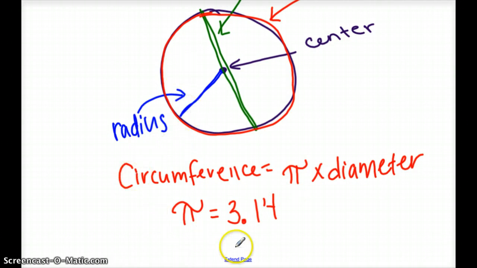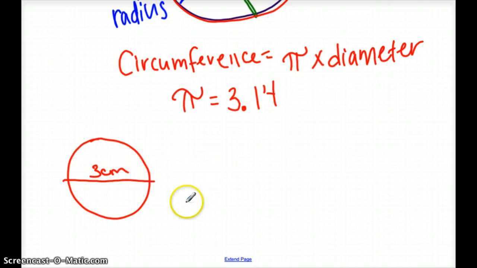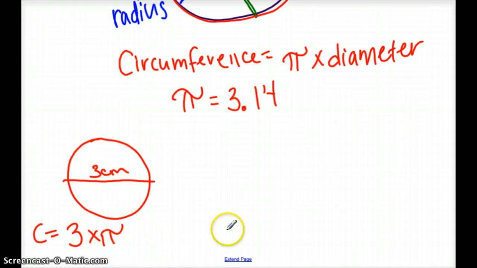So if the diameter of a circle is 3 centimeters, then I know the circumference equals 3 times pi. Now if you rounded pi to 3, because that's the closest whole number, then 3 times 3 is 9, so circumference would equal 9 centimeters.